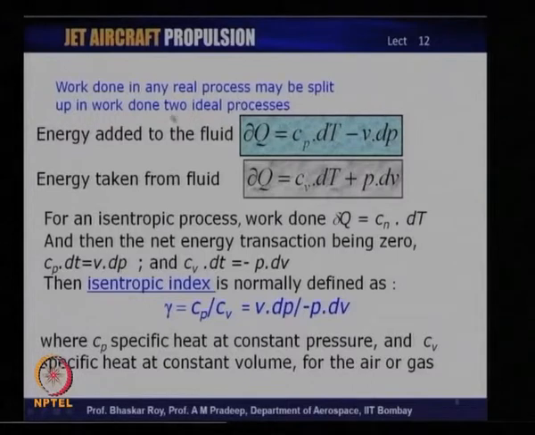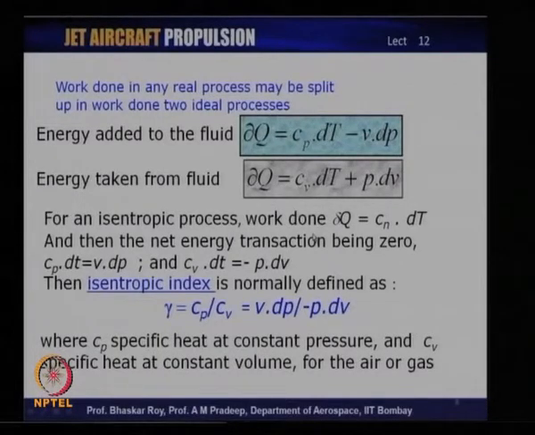If we do that, and then use the concept of isentropic index, which you have used in your cycle analysis, this is normally defined as gamma equal to C p by C v, and now we can see that it can be written in terms of V dp divided by minus P dV, where C p is the specific heat at constant pressure and C v is the specific heat at constant volume for the air or gas.